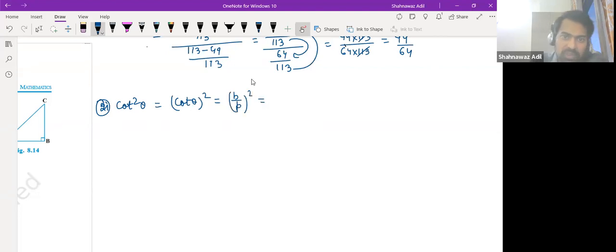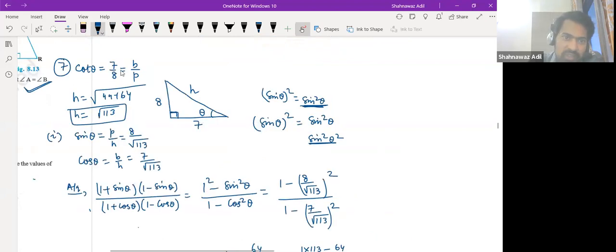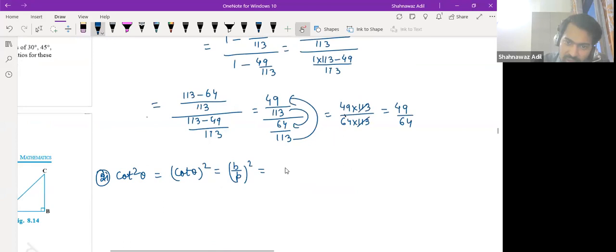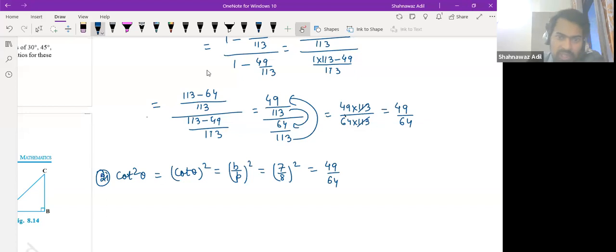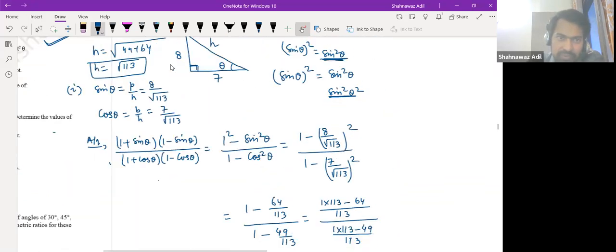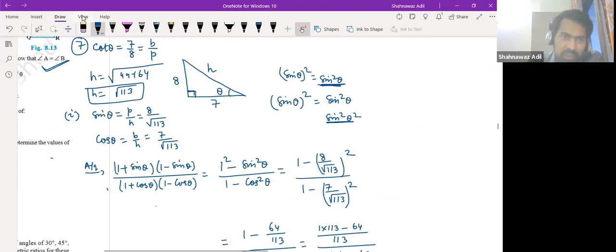B by P is 7 by 8, whole square, so this is 49 by 64. So we see that we get the same. Is this part clear to you, Rifa? Yes, yes.